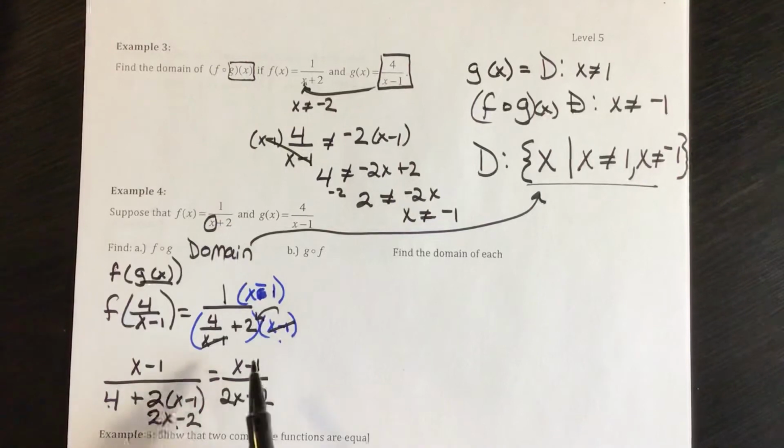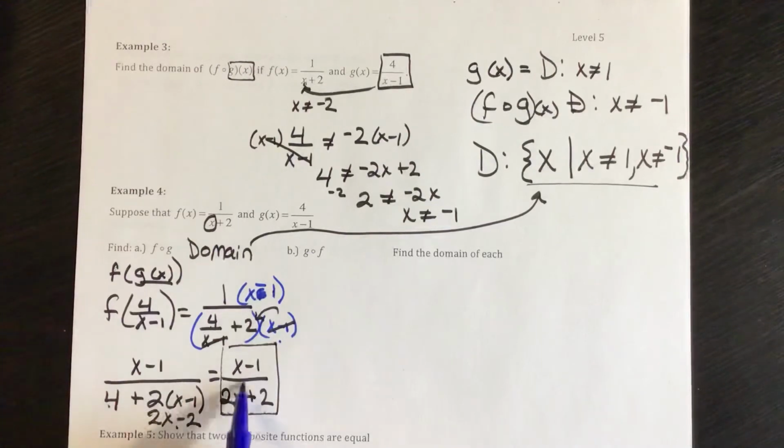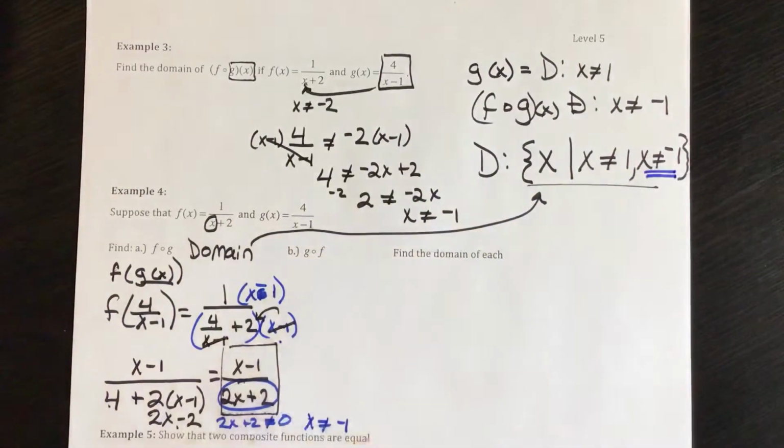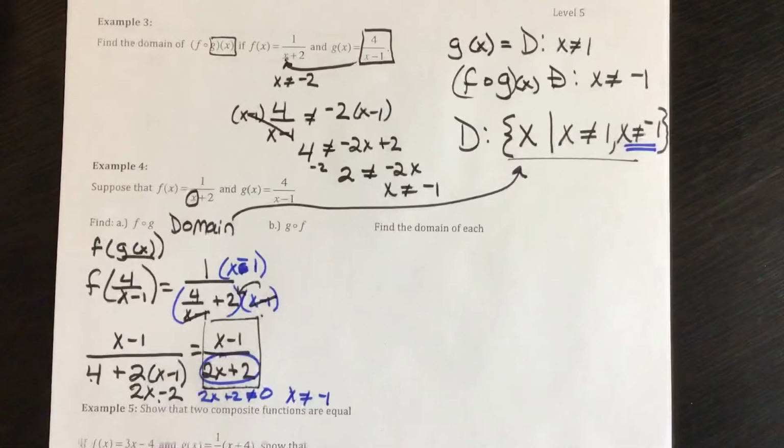And if I look at what the denominator cannot equal here, this cannot equal 0. So if 2x plus 2 can't equal 0, subtract 2, you get negative 2, divide by 2, x cannot equal negative 1. And that's what we had up here. x cannot equal negative 1.